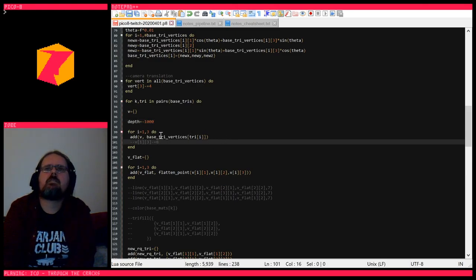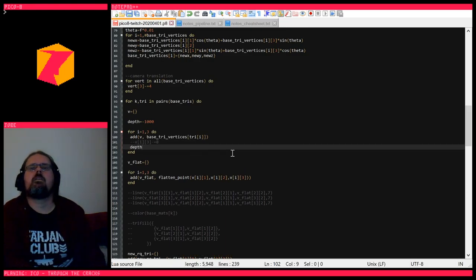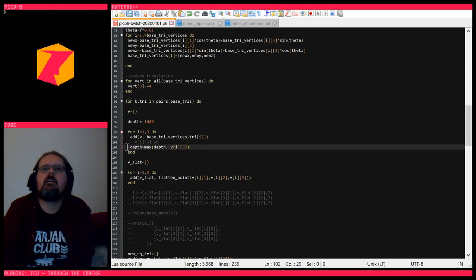when it adds the base vertices to the V array, we're gonna do this. Depth is max depth and VI3. So now it checks if the Z value of the currently newly added vertex is greater than depth, and if so, it's going to change depth into that.